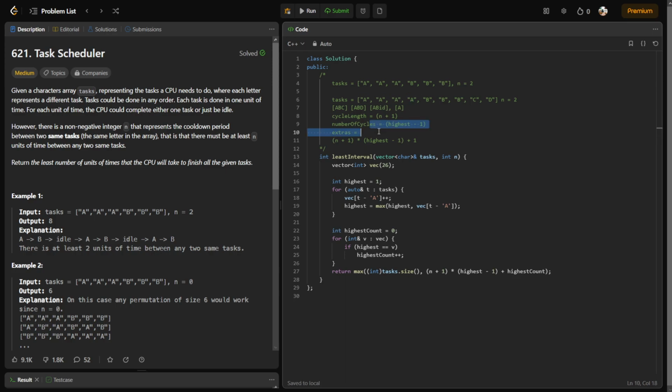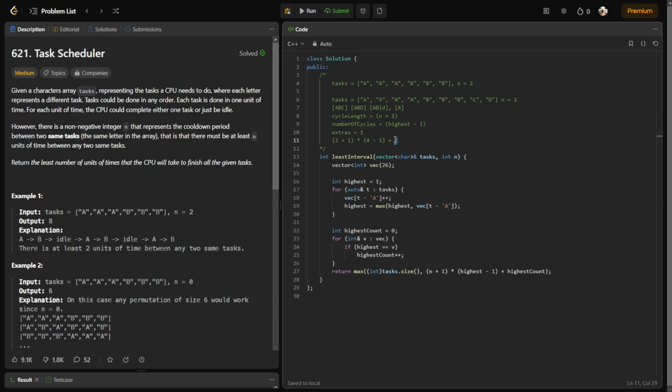In this case it would be 1. So n plus 1, this is 2, highest. In this case, the number of cycles would be 4 minus 1, plus the extra.